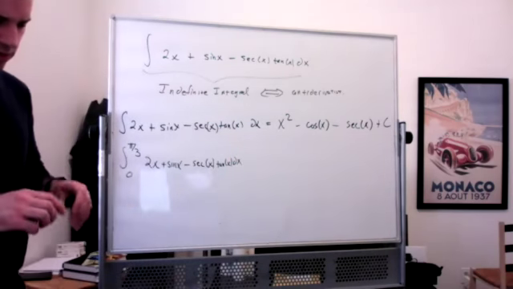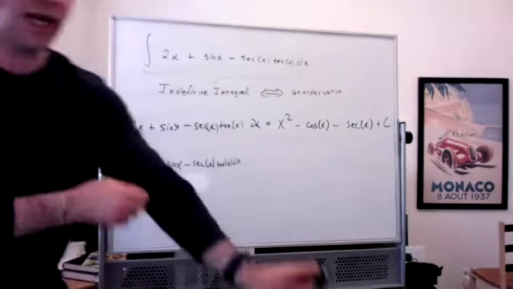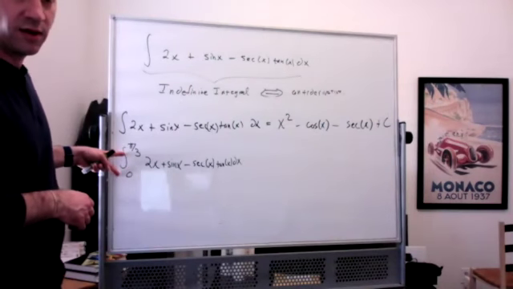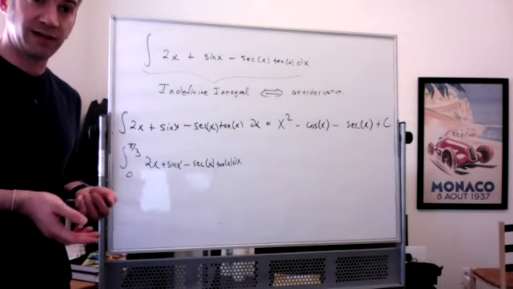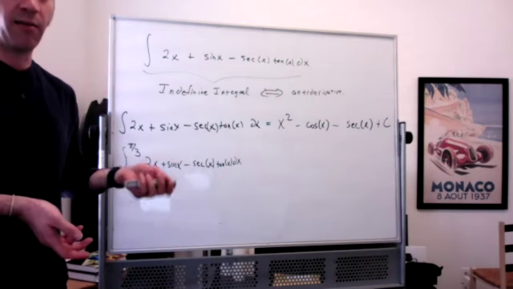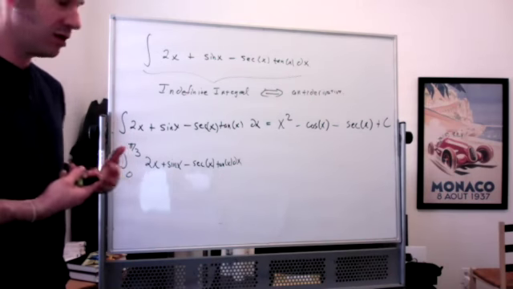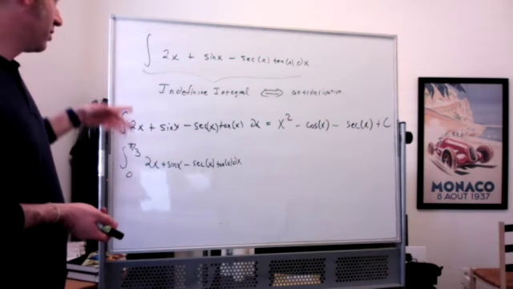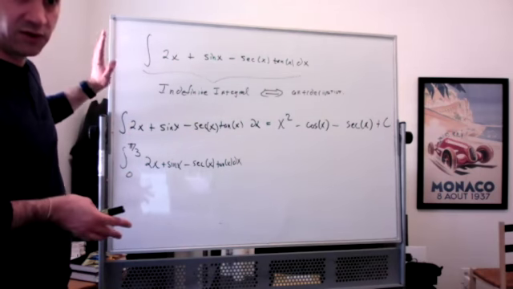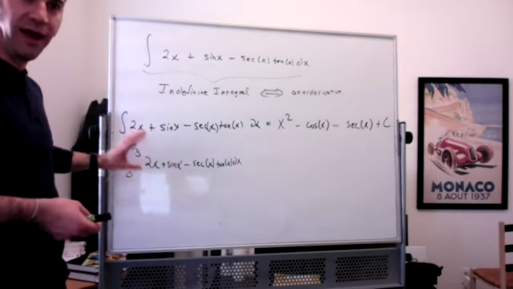Actually, this speaks to another point I want to make. Sometimes you're going to be given a definite integral, but the anti-differentiation process is going to be very complicated, and it might make sense to do the indefinite integral first, so you don't have to carry all this extra baggage with you.